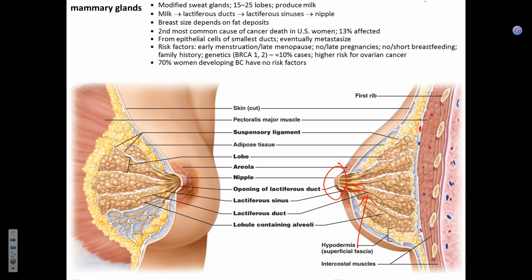Risk factors are mainly associated with different sorts of changes in female reproductive function: early menstruation, late menopause, no pregnancies or late pregnancies, therefore no breastfeeding, family history, genetics. We have to bring celebrities here.